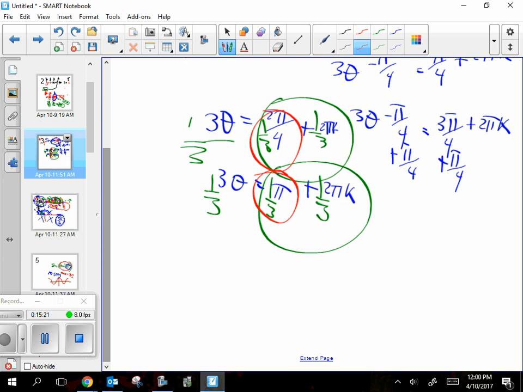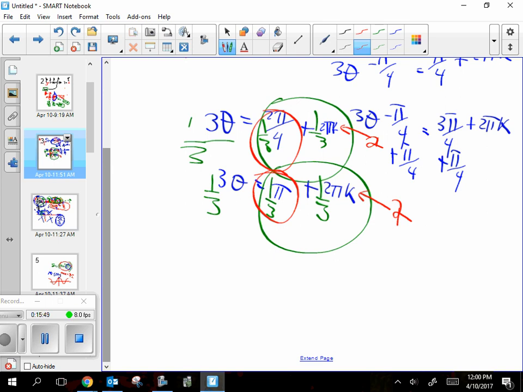If you put in k equals 0 here, that's not going to do anything, right? But if I put in 1, then I'd get the next two solutions. What if I put in 2? Then I'd get 2 more solutions, right? Okay, so that's a question they could ask: what are the first 6 positive solutions?